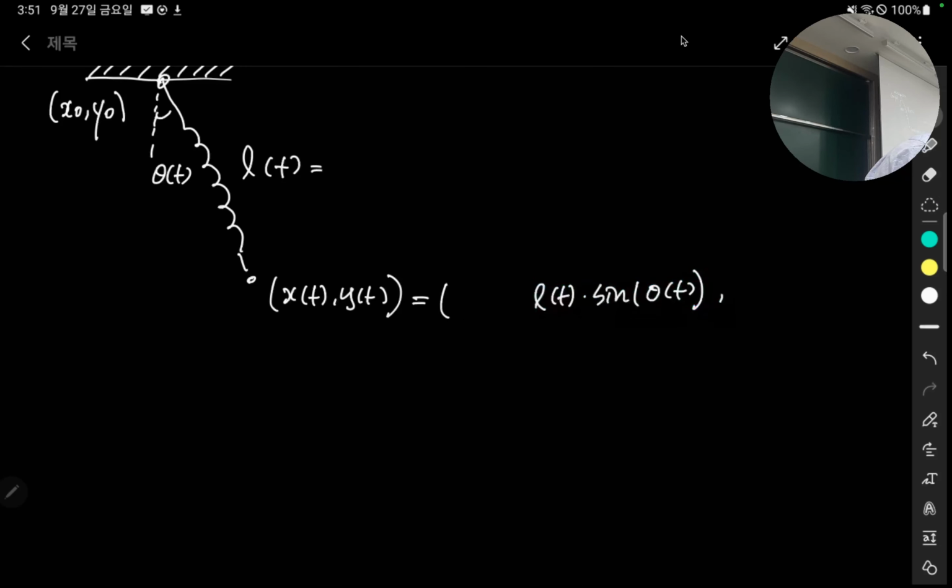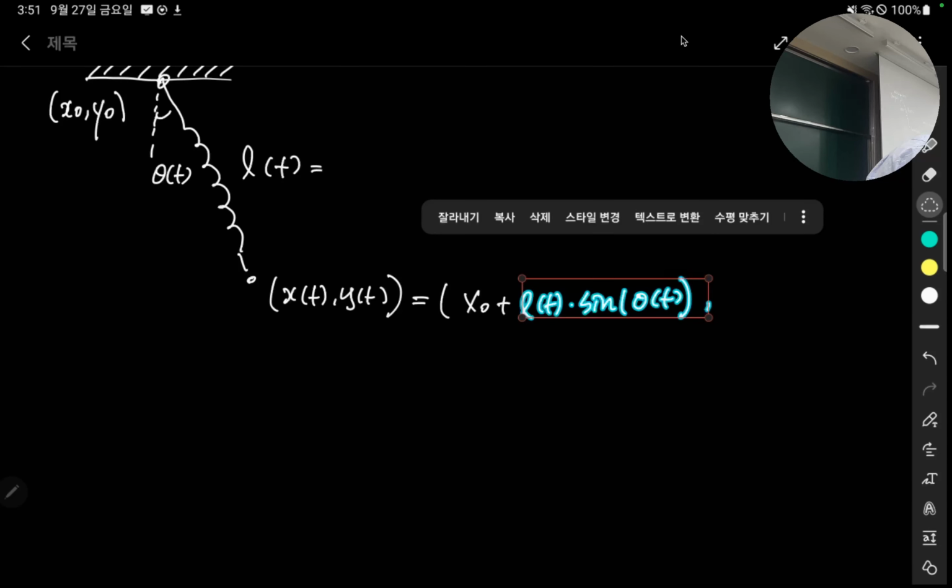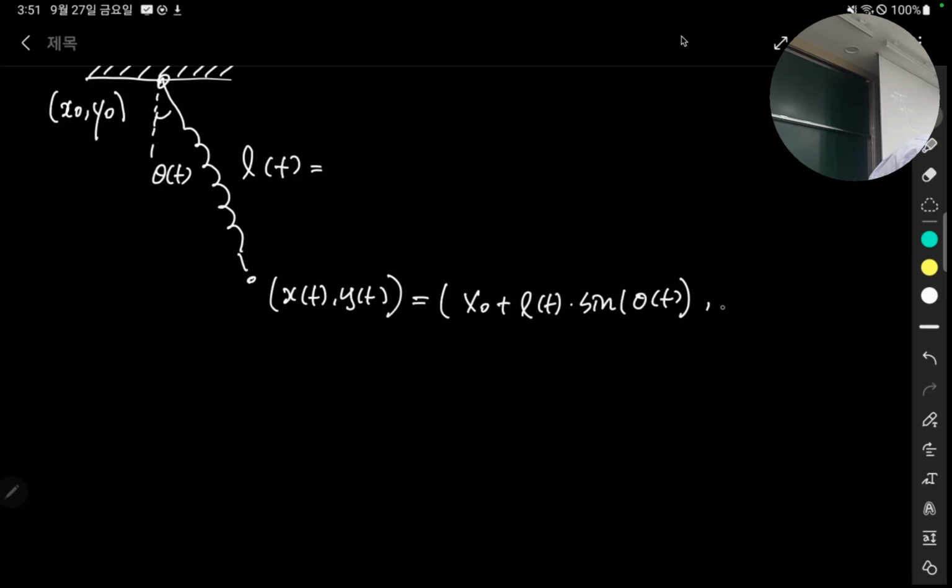So this is going to be x0 plus this, and y0 plus L(t). Oh, actually, it's minus.